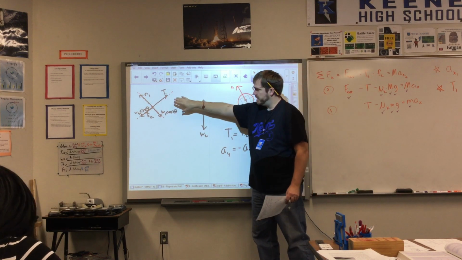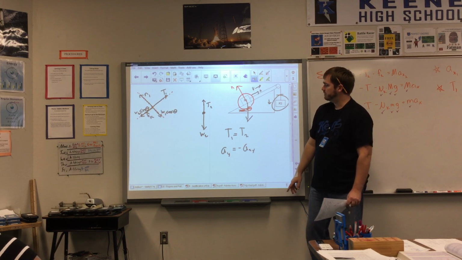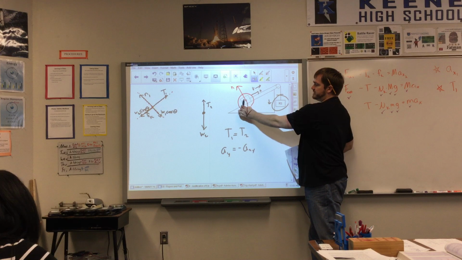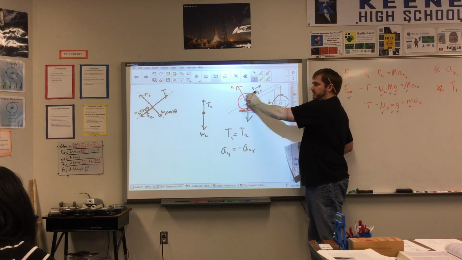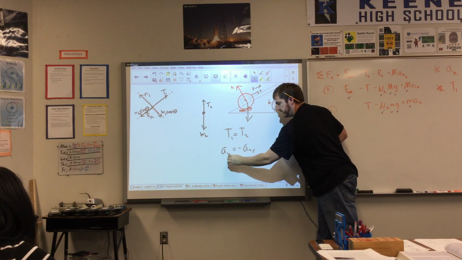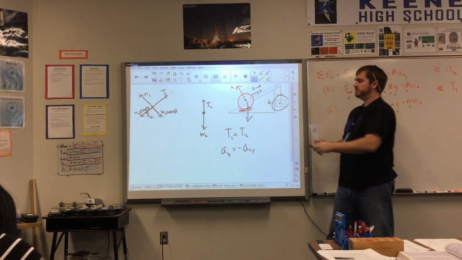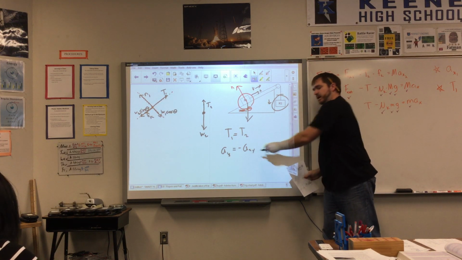Only difference is, object 1, hold on. Object 1 is accelerating in the x direction, right? So object 1 in the x direction, its acceleration is equal to the acceleration in the y direction of object 2, negative.